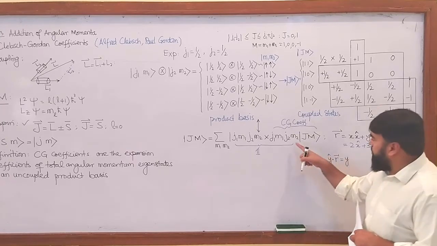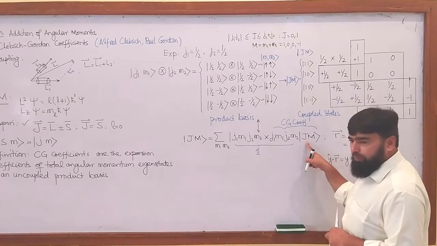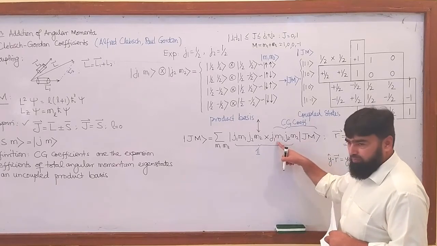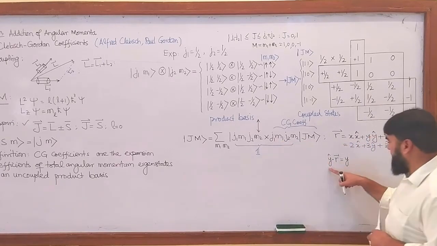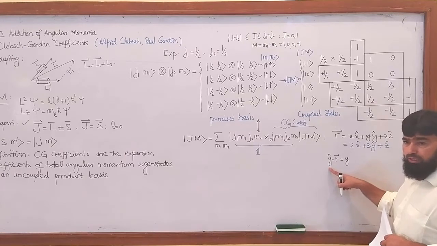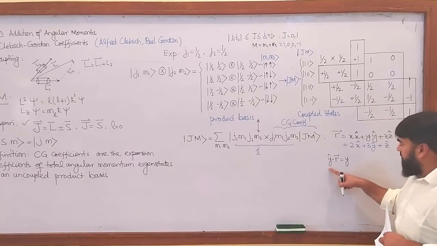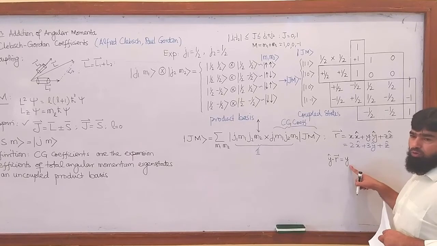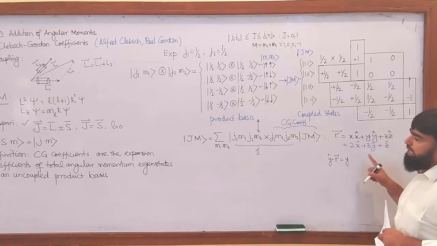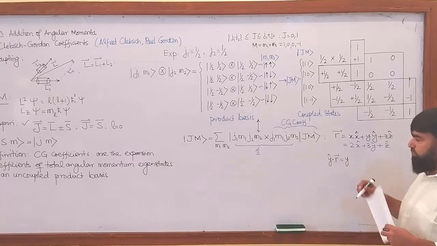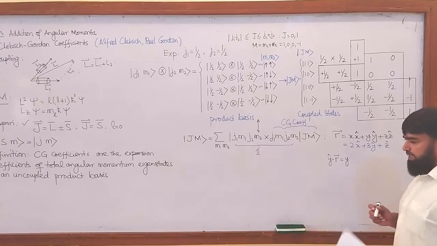Clear? So when I multiply with the coupled, the product form here is the basis. When I multiply, I will get the coefficient of it. So it is like the vector space, we are dealing with this like this.